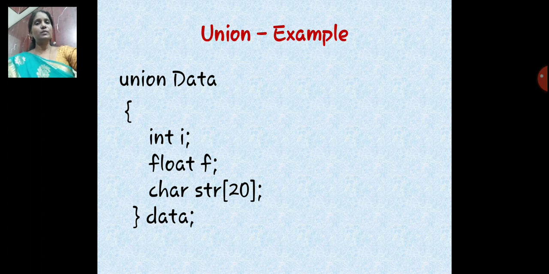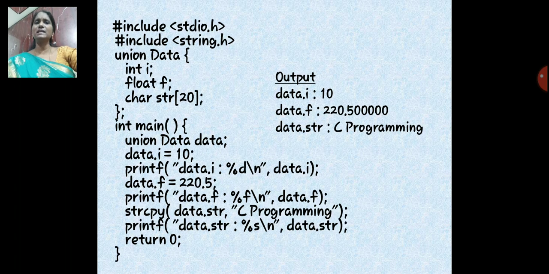Okay, so the same way as we access the structure data, we access the union data also using the union variable, which is data here, right? So see this example, the union is Data with capital D, and the same union is defined here. Inside main, we just use data for the union variables, okay, the union data.